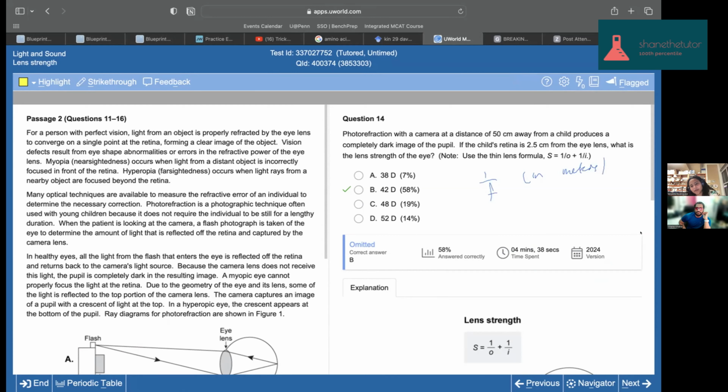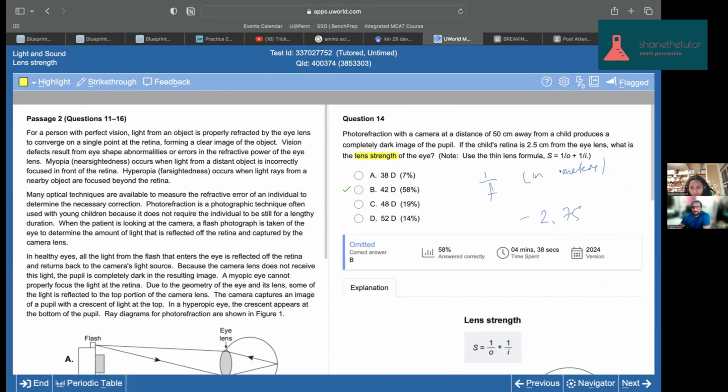And then there's this other thing that was confusing to me, which is lens strength. Lens strength is also 1 over F. Like, when you get your contacts, you probably have something like this, and that's in diopters.